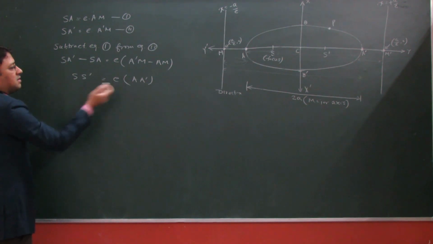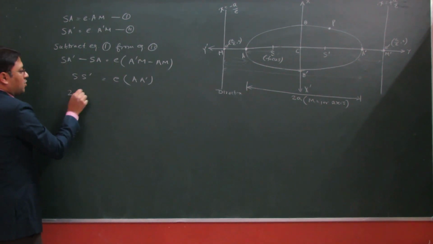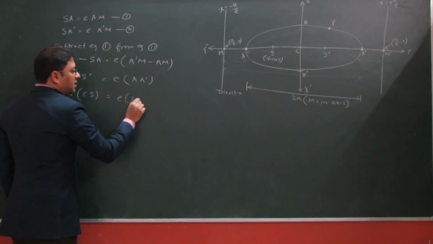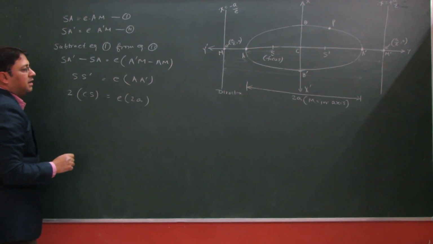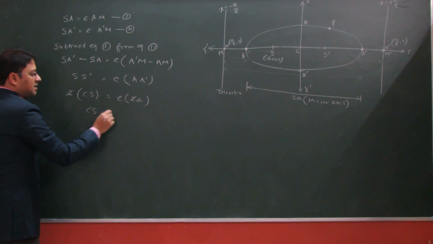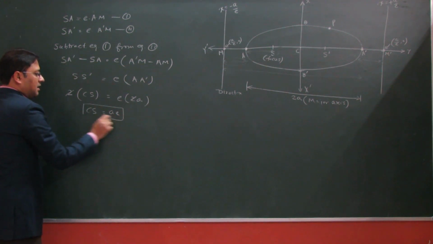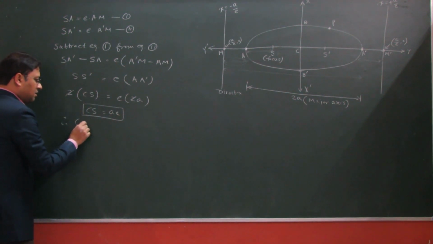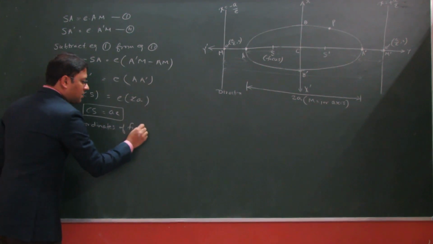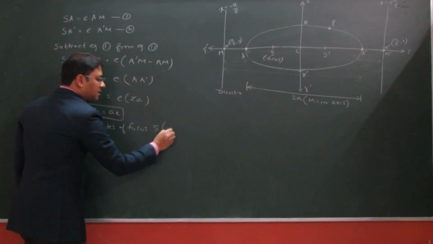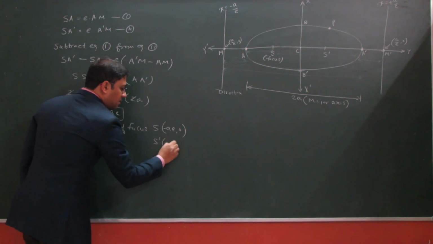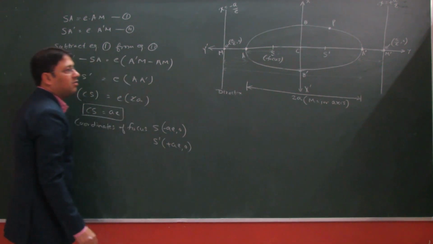SS dash we can write as twice of CS, which is equal to AE into 2A. AA dash being the major axis, the distance is 2A, so we can cancel out 2A and we get CS as AE. Therefore, the coordinates of focus S are minus AE comma 0 and S dash is plus AE comma 0.